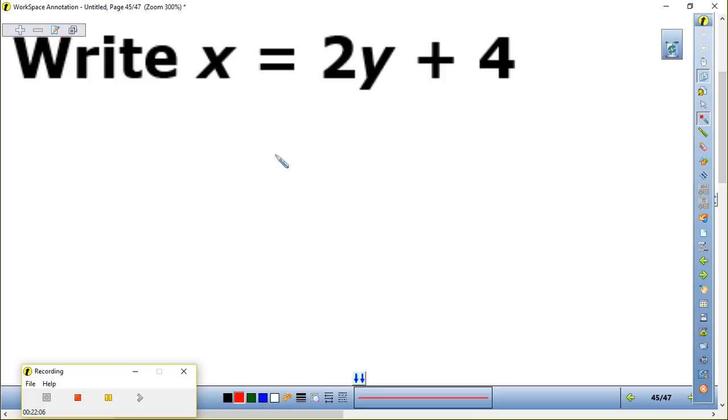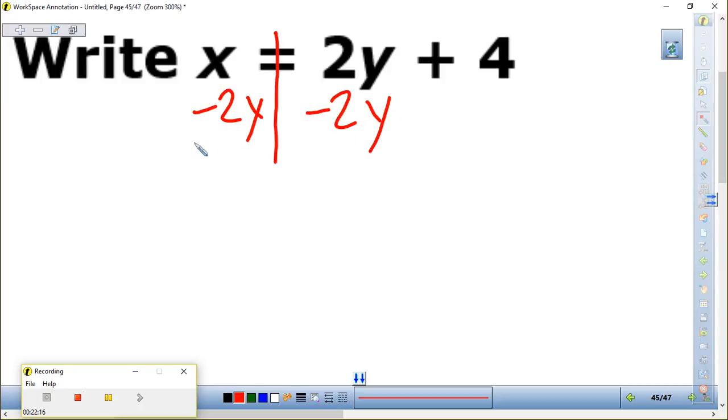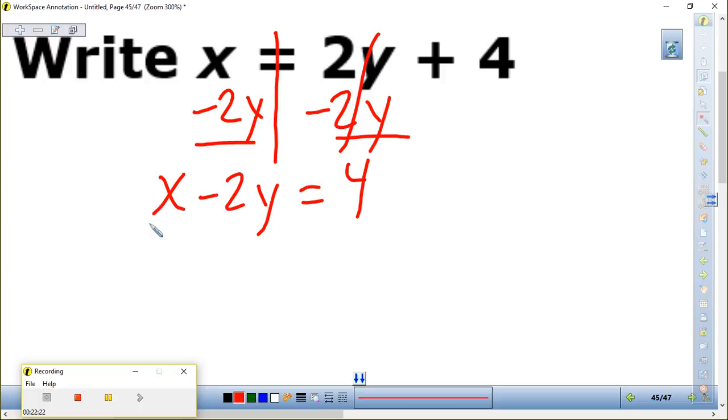So line down the equal sign. The Y needs to be on the other side. Is that correct? So what do we do? Minus 2Y, minus 2Y. So then we write X minus 2Y equals 4. Is it in alphabetical order? Yes. Are X and Y on the same side? Yes.